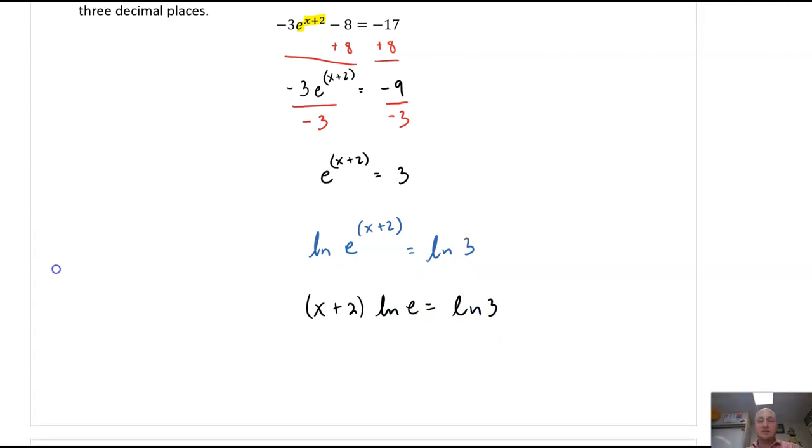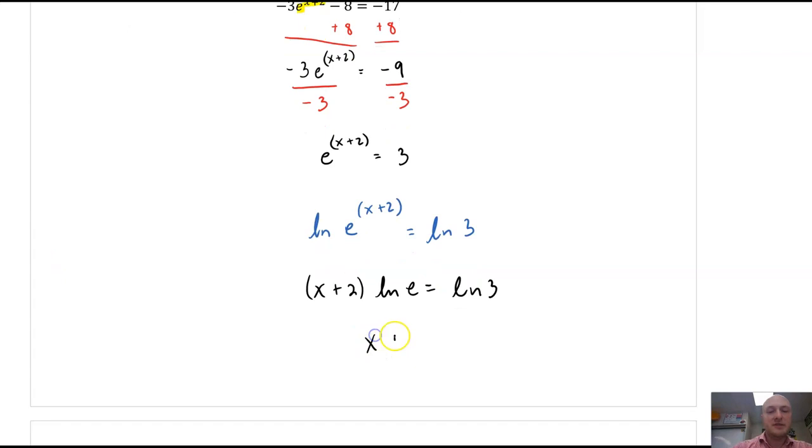And the natural log of e, that's just 1. So really this becomes x plus 2 is equal to the natural logarithm of 3. Now I'm going to solve for x by removing 2 from the left side.